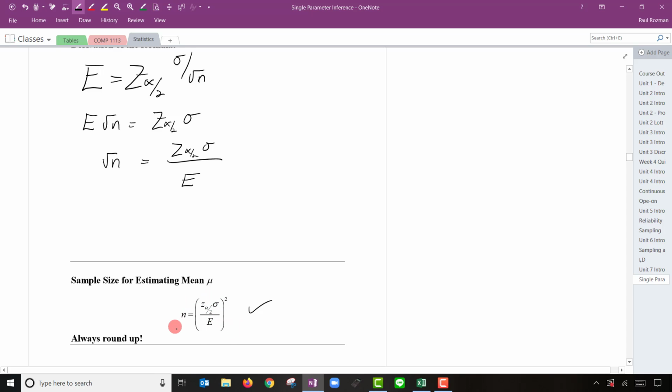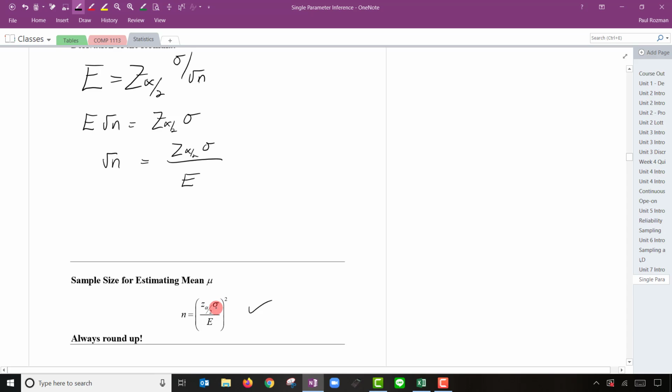The only real problem with this formula, if you look at the thing, is that it also has that issue of sigma is in the formula. This is the sample size that you need to collect in order to estimate mu with some degree of error and some degree of confidence.